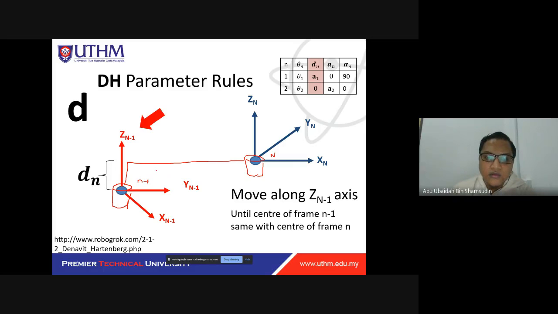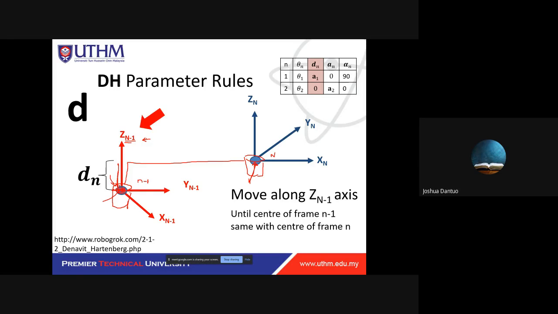To get D, D is the distance between this point here to this point here, in terms of movement on the Zn minus 1 axis. So you move this point until it is the same as this point by going through the Zn minus 1 axis.